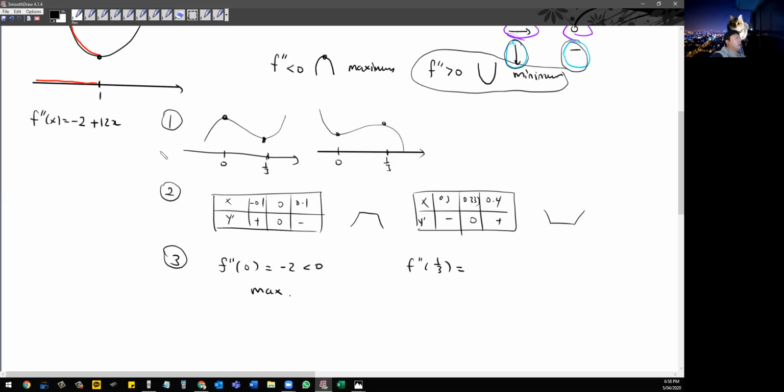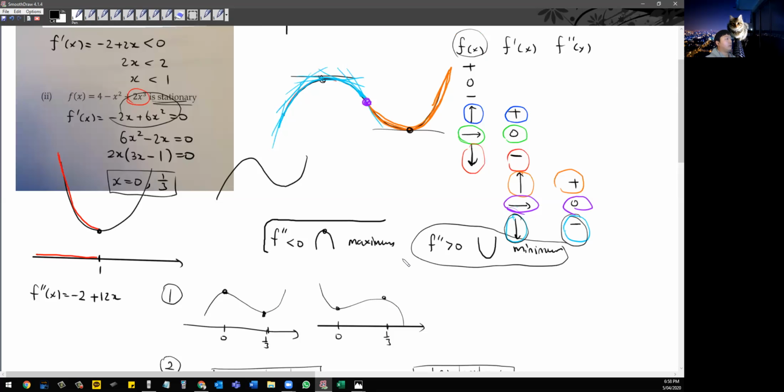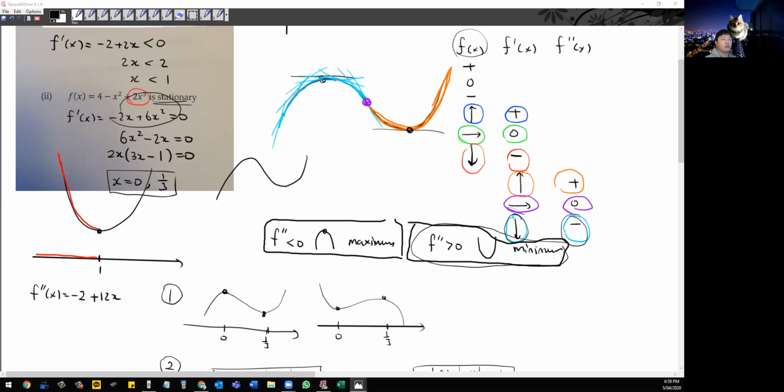Plug in 1 on 3, then it's negative 2 plus 12 times 1 on 3, which is negative 2 plus 4, which is 2, greater than 0, so therefore minimum. Which obviously is much more efficient. If it's positive, then minimum. If it's negative, then maximum. That was a rather pretty straightforward question.